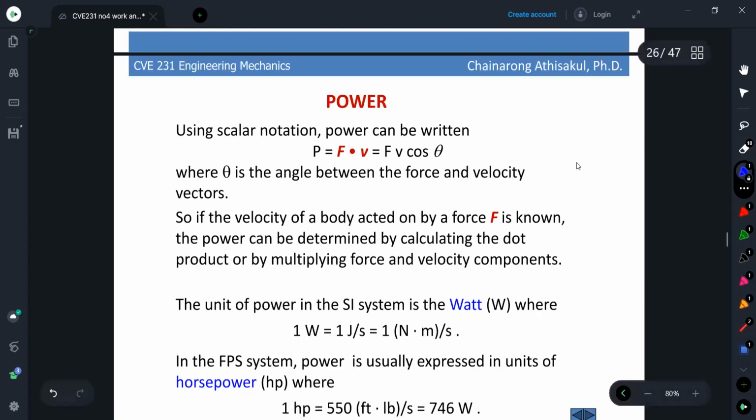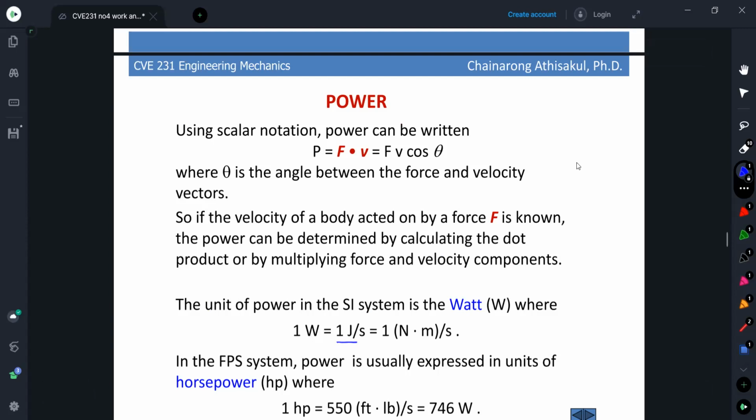For the unit of power, because it is defined as work per unit of time, the unit of power in the SI system is joule per second, or watt.